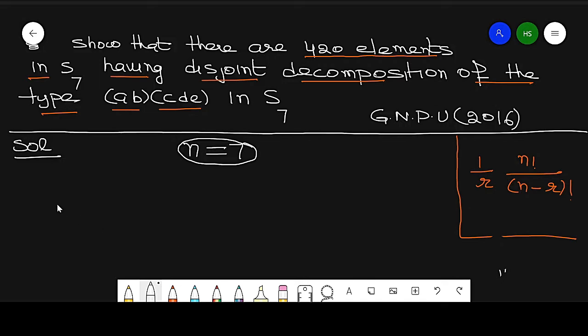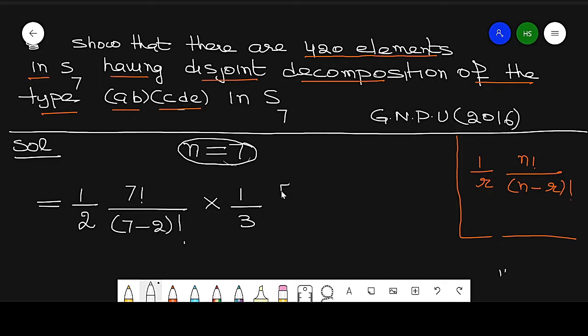By using this formula, it is 1 by 2 times 7 factorial over (7 minus 2) factorial, times... Now 2 elements are already used. So what is remaining? The remaining n is 5, and it is a cycle of length 3, so we have 1 by 3 times 5 factorial over (5 minus 3) factorial.